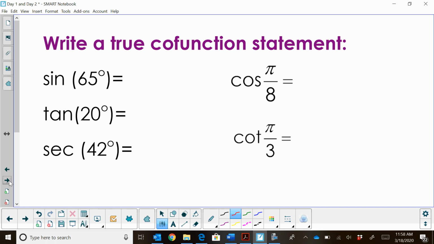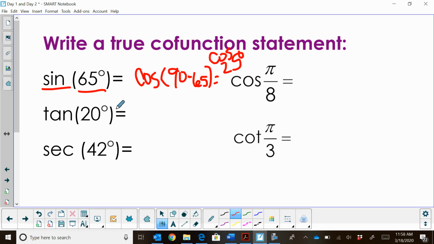Okay, so let's write some true co-function statements. The sine of 65 is equal to the cosine of 90 minus 65, or its complement, which is 25. So that's going to be the cosine of 25 degrees.